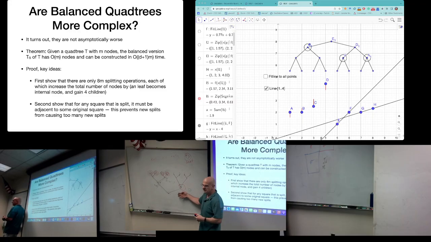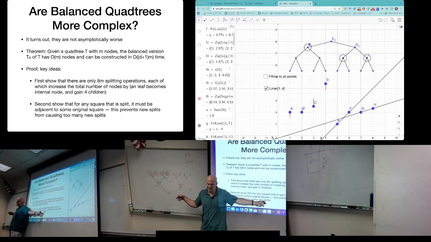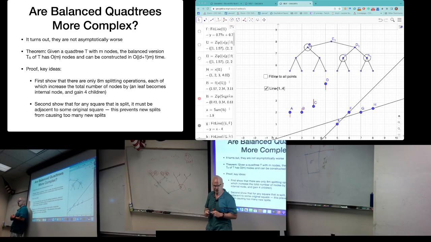I'm going through it because that's just the way that I understood this theorem, so let's play with a one-dimensional case first. Remember, we want to argue that if you're split, you have a neighbor next to you that is old. So who needs to be split? Where do you see a node here whose neighbor is less than twice its size?